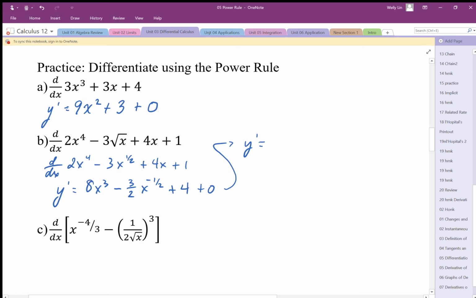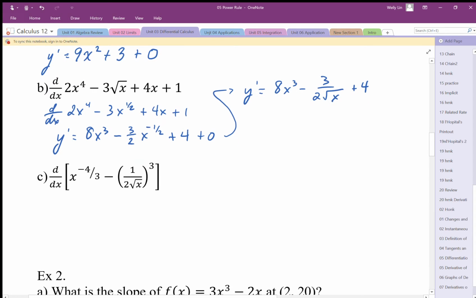I can write that power again as a root function. So 8x cubed minus 3 over 2, so the negative power brings it to the denominator, plus 4. So there's my derivative.